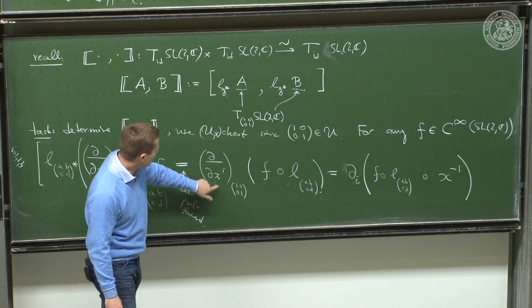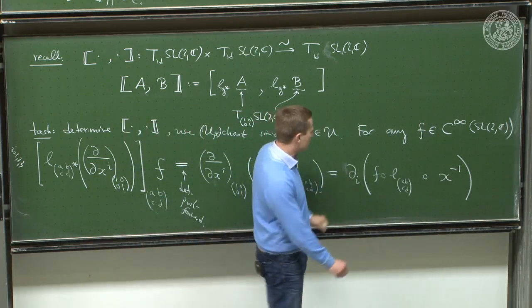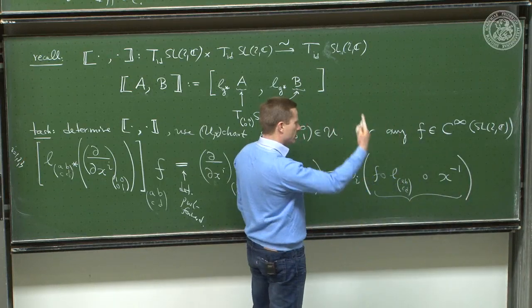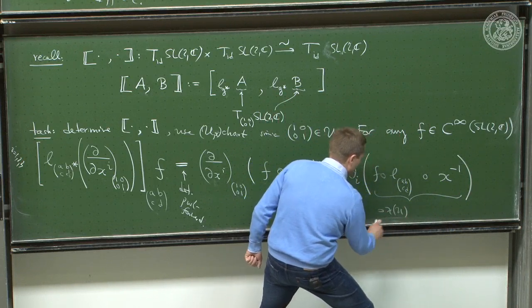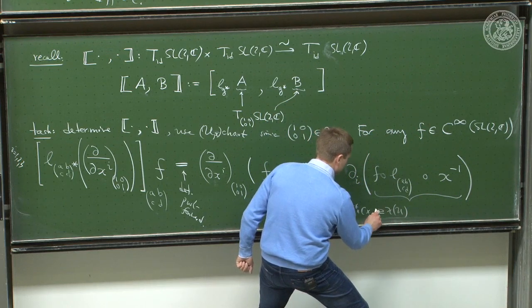You see, I used the x and I used the i. This was the definition. And this is the partial derivative on a map. Let's check from where to where the map goes. From x inverse, that means it goes from x of U, which, however, is a subset of C star cross C cross C.